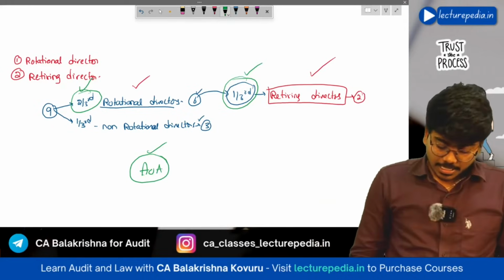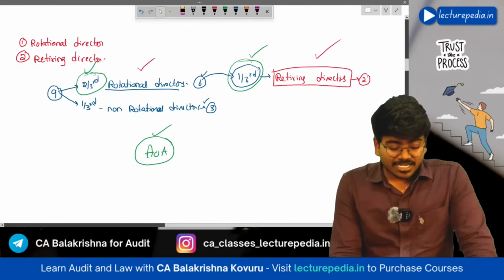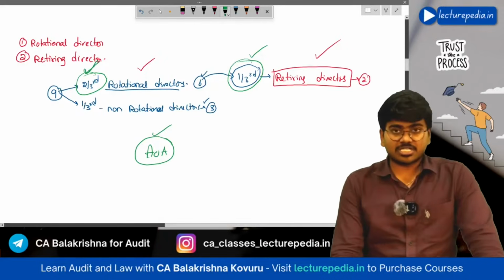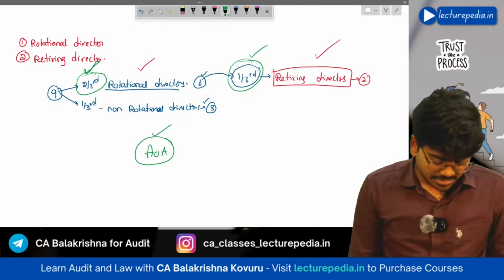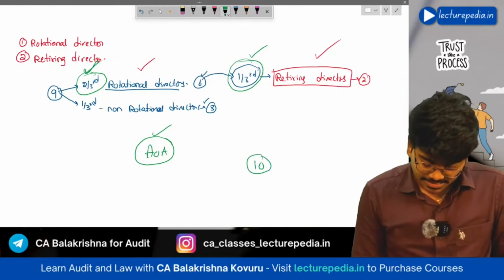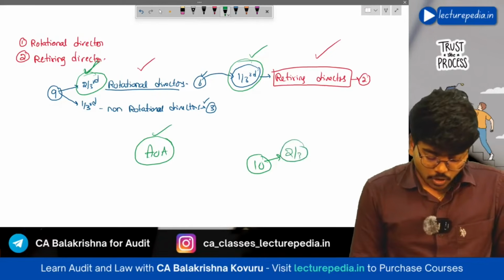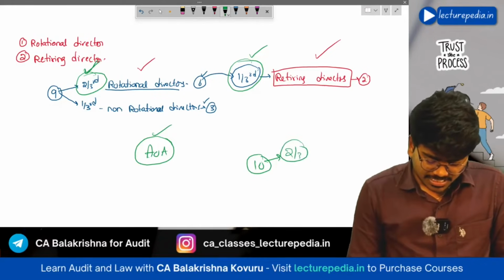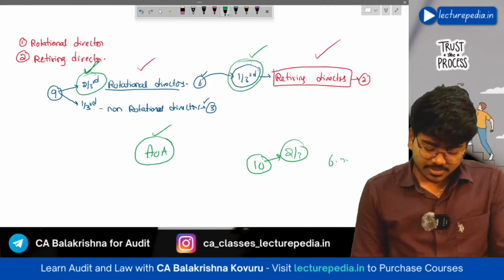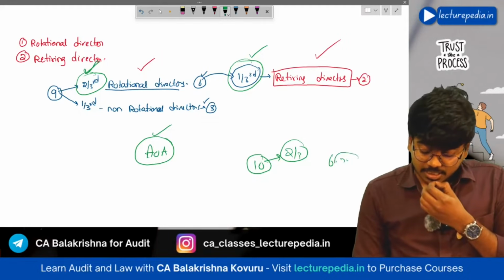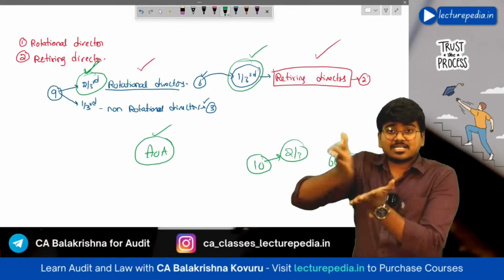Next, another point. While calculating two-thirds rotational directors, if you get any decimals, let's say there are 10 directors in total, and of these 10 you calculate two-third, you will get something like 6.7. You are getting a decimal, and you cannot cut the director into half.